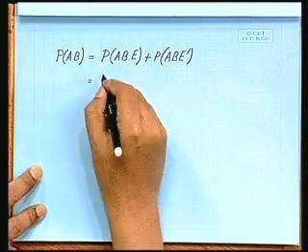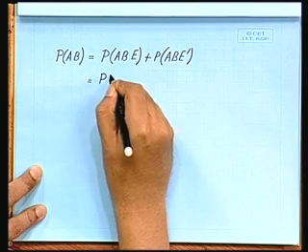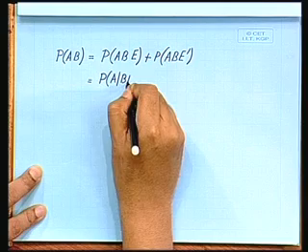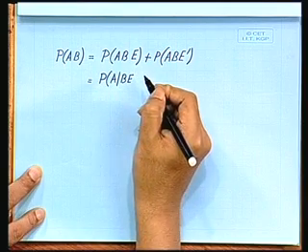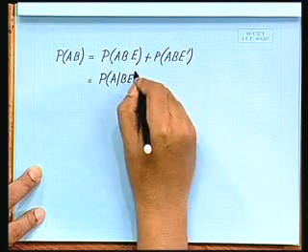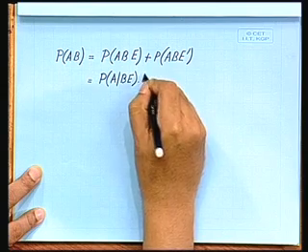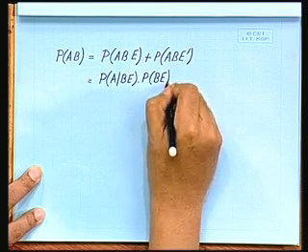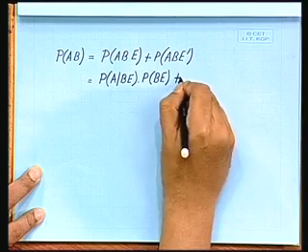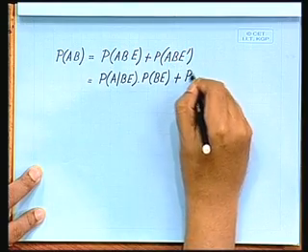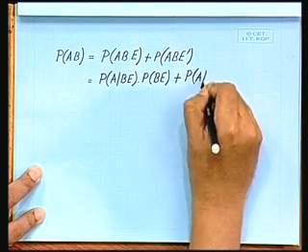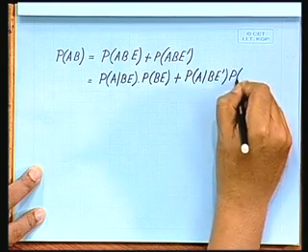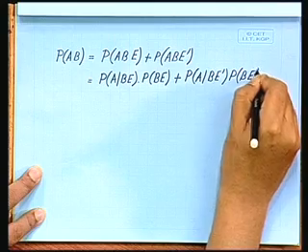This is going to be the probability of A given B,E, times the probability of B,E, and B and E are independent. Similarly, this is the probability of A given B,E' times the probability of B,E', right.